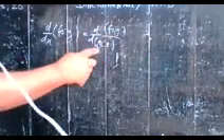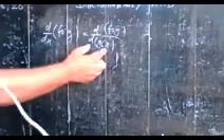First of all, your function is f of g x. You take the derivative of f of g x, that is, you differentiate the complete function with respect to g x, and then multiply by d by dx of g x.